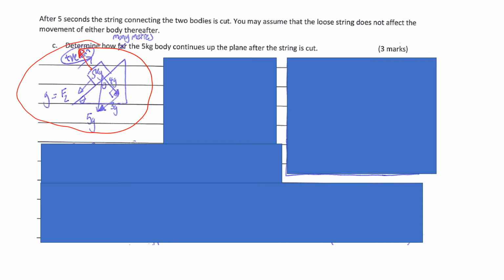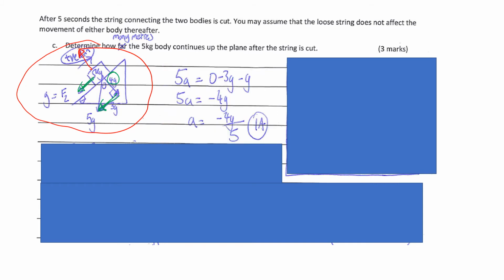So here's our weight force resolved down the plane, and our frictional force, which is 1/4 of the normal reaction force, which would be equal to 4g. They're the two forces resisting motion, no forces in the direction of motion. That leads you to this setup. So F equals ma. So 5 times a is equal to 0 forces in the positive direction of motion, minus 3g minus g.